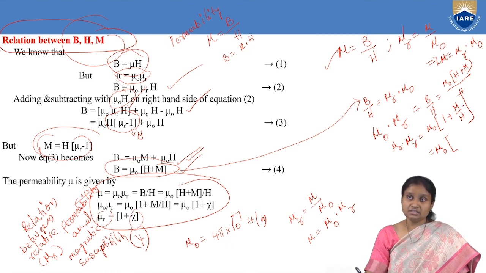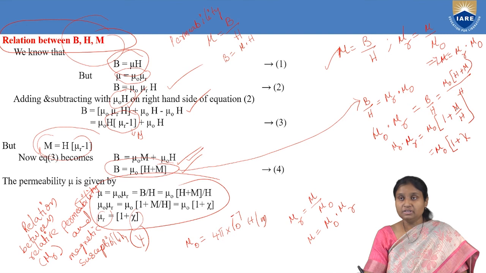Intensity of magnetization is given by ampere per meter. Even magnetizing field is also given by ampere per meter. So that's why we are introducing one constant term chi, magnetic susceptibility, and this chi value is given by M by H.